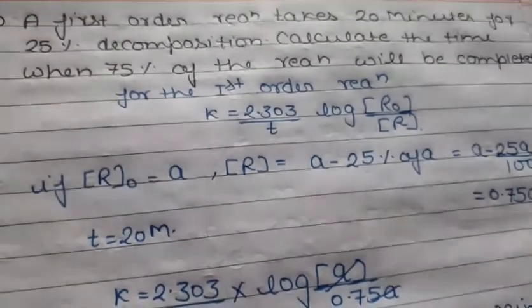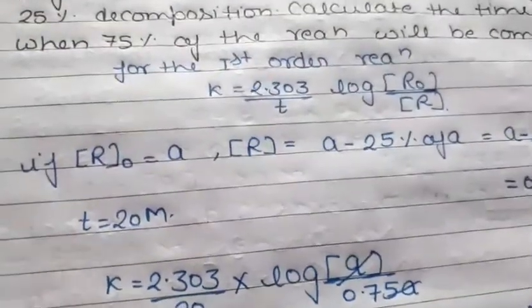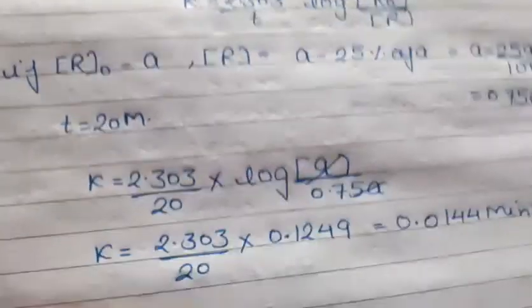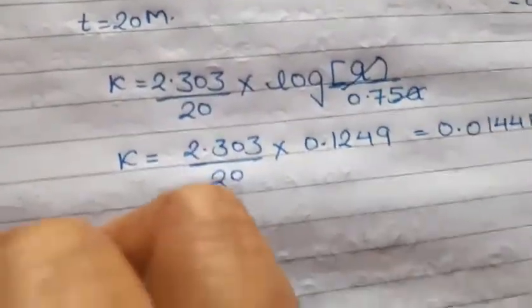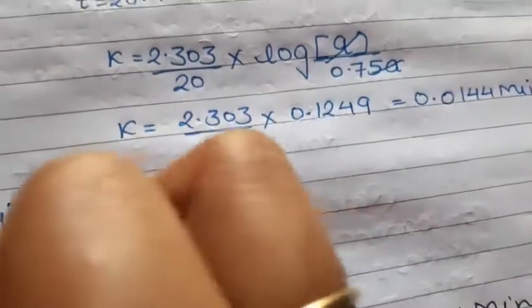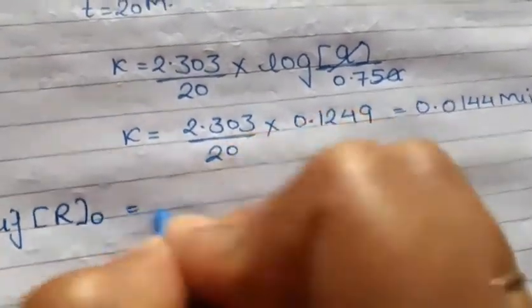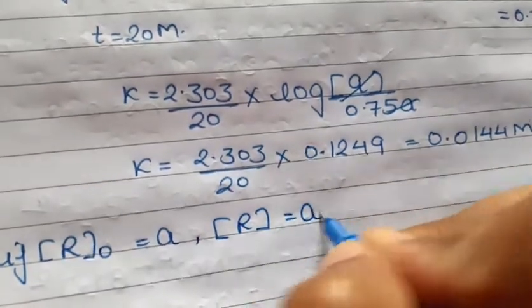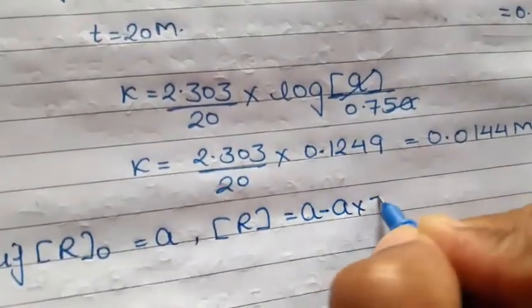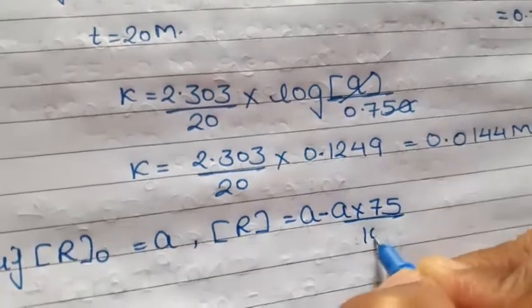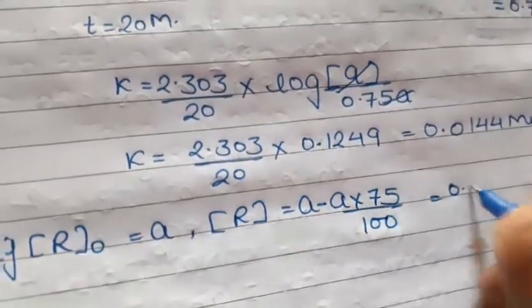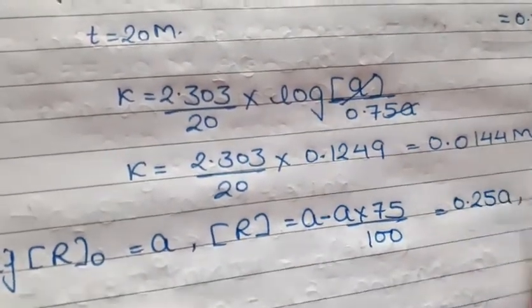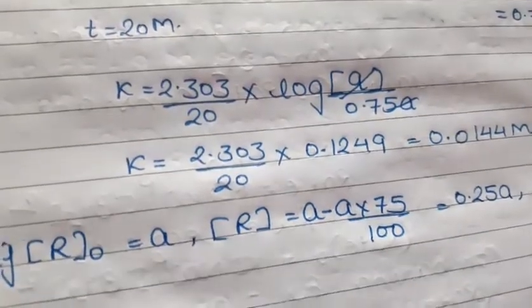Okay students, now the second part asks to calculate the time when 75% of the reaction will be completed. In this case, again R naught equals a and R equals a minus 75% of a, which becomes 0.25a, and we have to calculate the time.